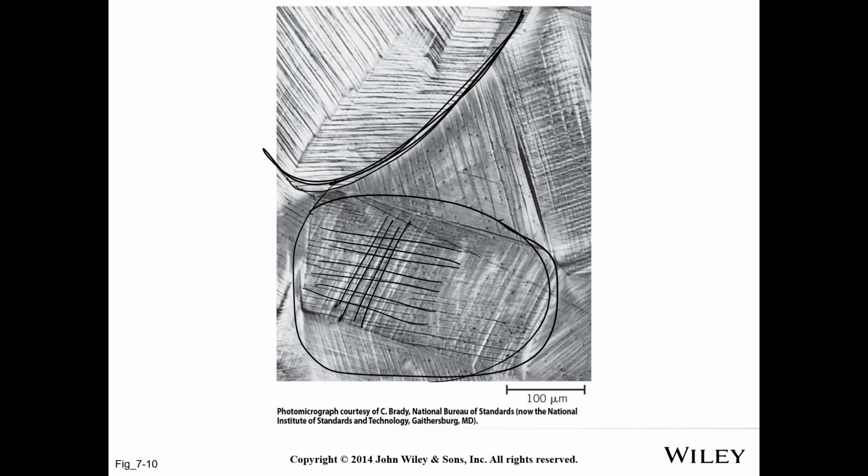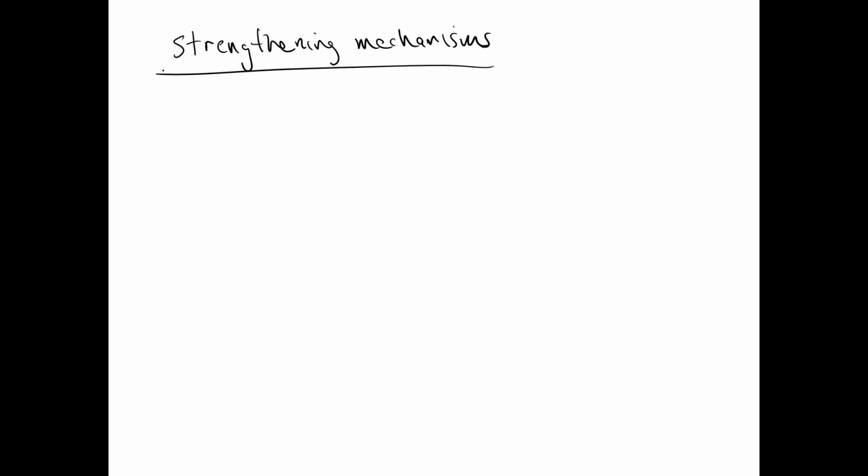So that's a very important thing to take away from Chapter 7, and that is, how do we strengthen metals? I think you could probably name some ways, but we're going to talk about the three fundamental ways of strengthening materials.